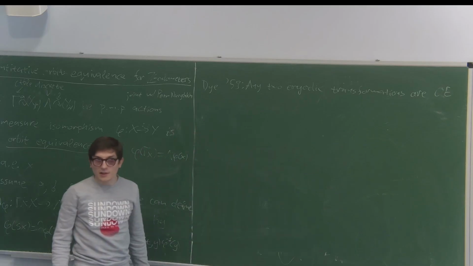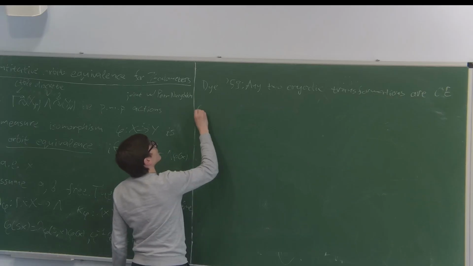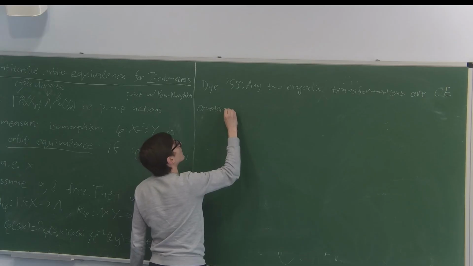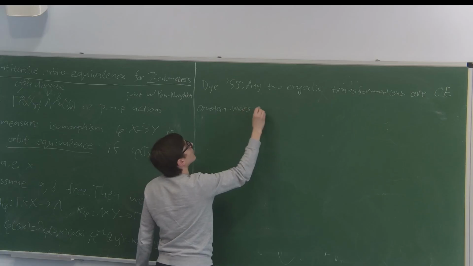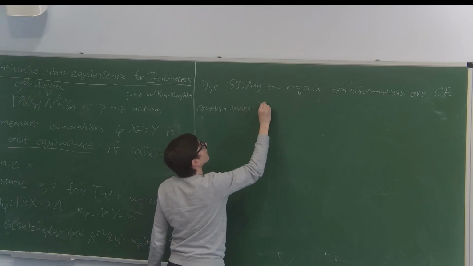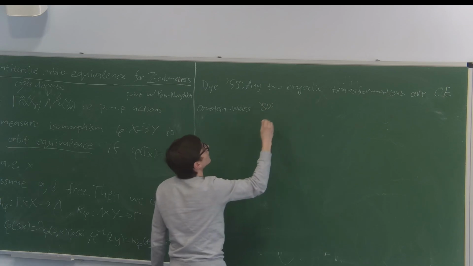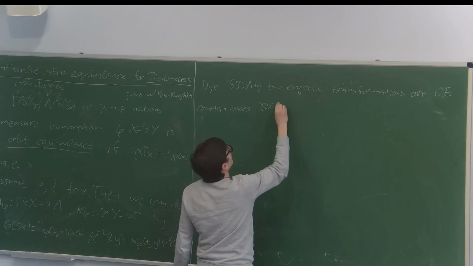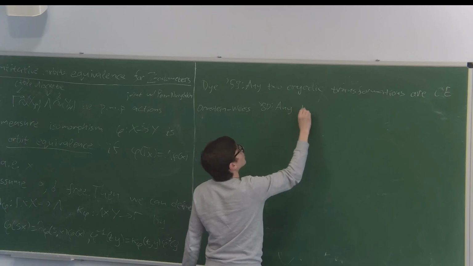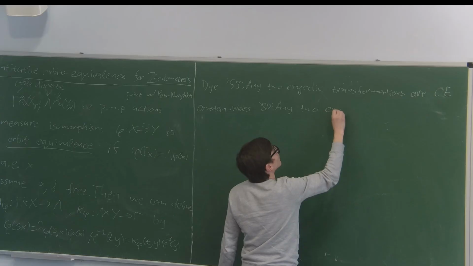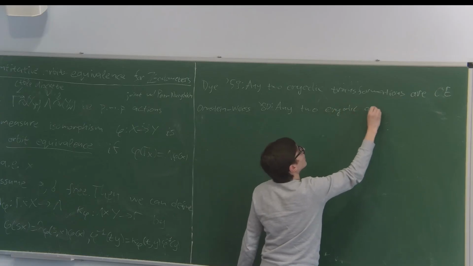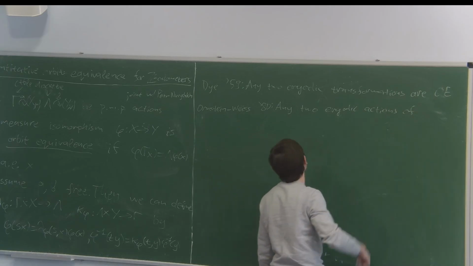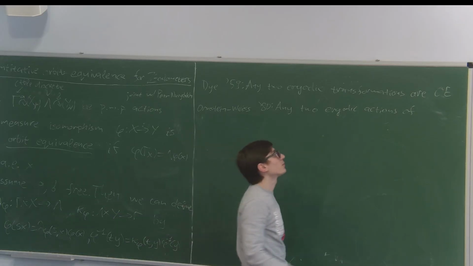So for Z actions we get nothing. And then Ornstein and Weiss in 1980, any two, now I can just take countably infinite amenable groups.